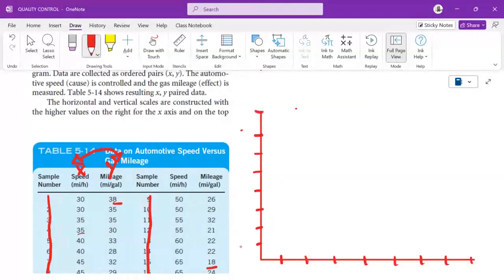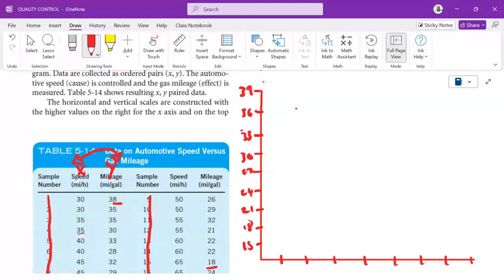Okay, which is 15, 18, 21, 24, 27, 30, 33, 36, and 39.